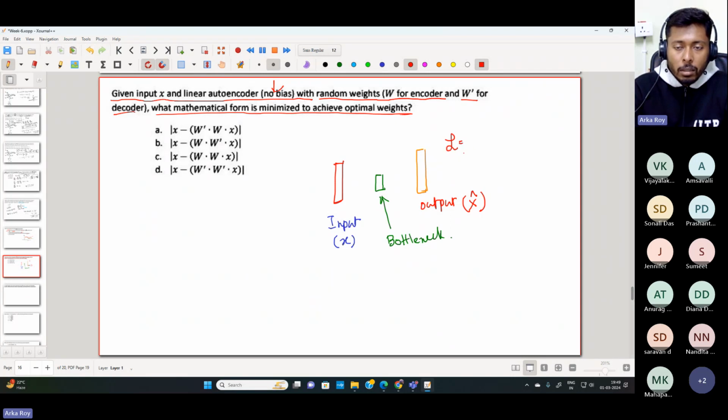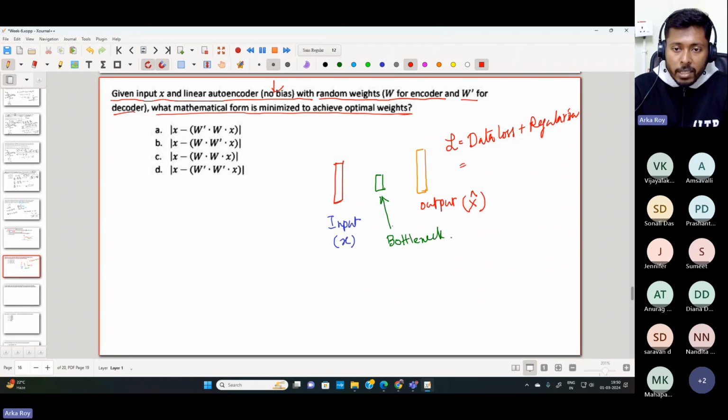Loss function? So one loss is data loss, one loss is regularizer.